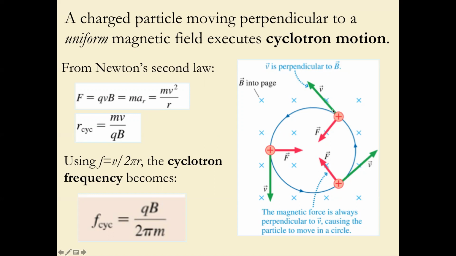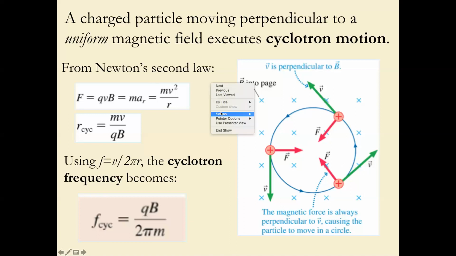Put your fingers in the direction of velocity, and the magnetic field is into the page. So curve your fingers into the page, and your thumb will show you the direction of the force. At this point, the force is to the right, and here, the direction of F again is into the center. So that's why it will make a uniform circular motion.